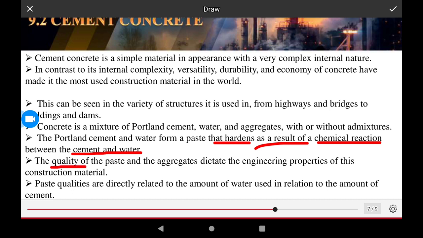The quality of the paste and the aggregate determines the engineering properties of this construction material.